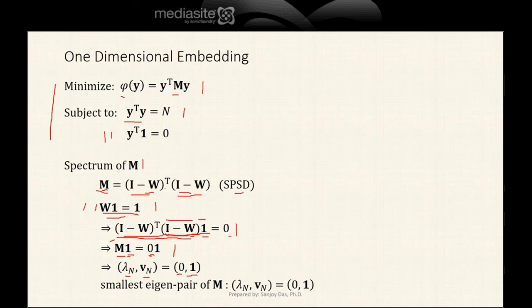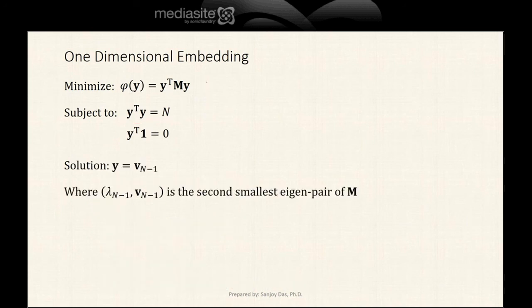Okay, so now from spectral decomposition, how do we do this minimization? We obviously cannot let y be equal to 1, because then what would happen?